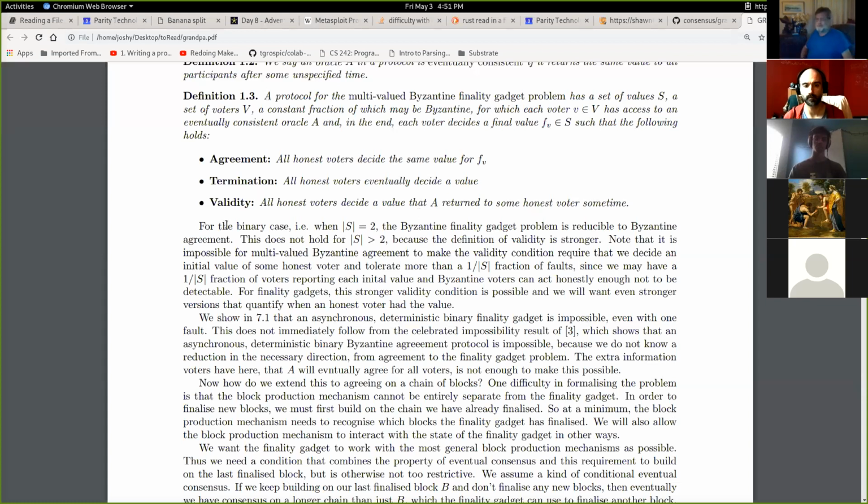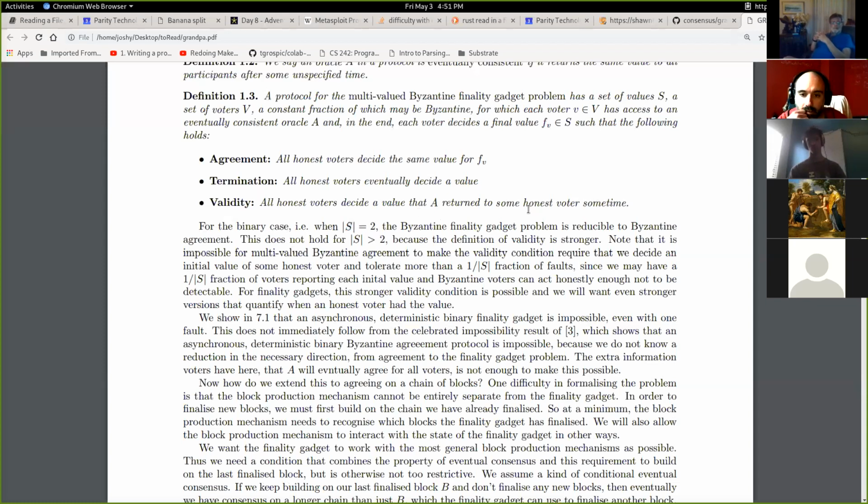Okay, so they say for the binary case, and we used to play a lot of binary consensus, where the size of the possible outcomes is two, like true and false, the Byzantine finality gadget problem is reducible to Byzantine agreement. It doesn't hold for bigger sets because the definition of validity is stronger. I'm not really sure what that means.